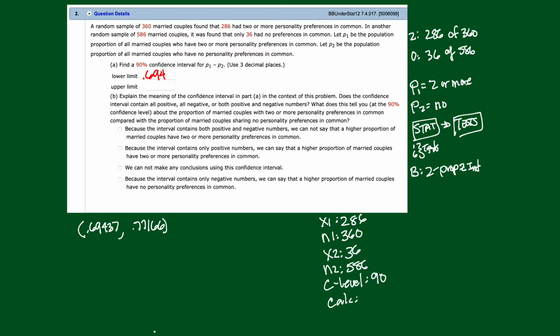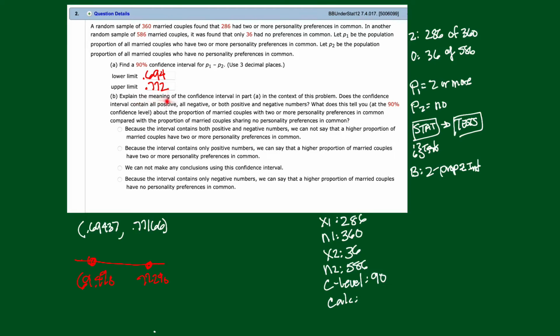For the upper limit, rounding to 3 decimals, it rounds up to 0.772. So this interval goes from about 69.4% to about 77.2%.